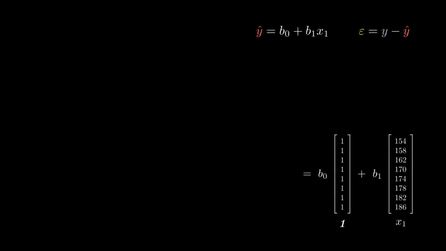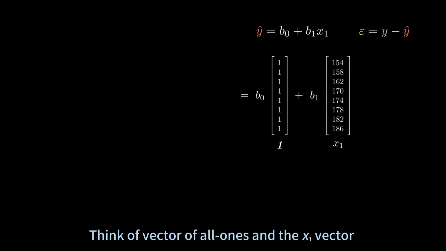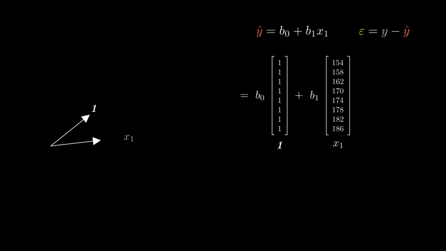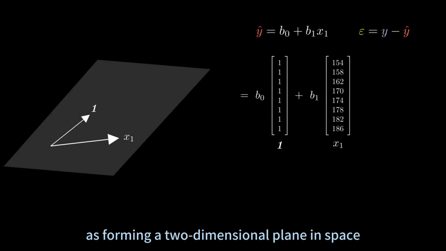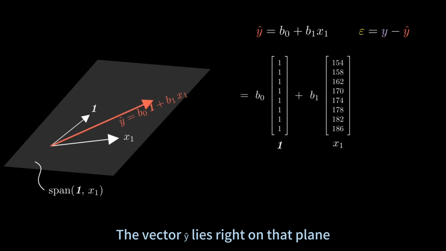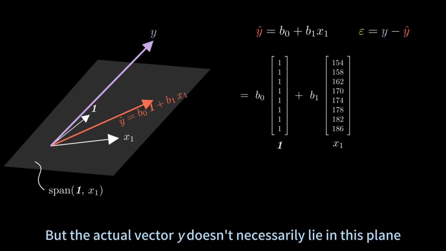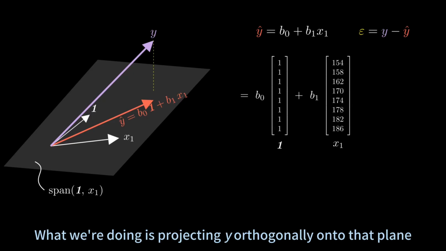What does that mean? Think of the vector of all 1's and x1 vector as forming a two-dimensional plane in the space. The vector y-hat lies right on that plane. But the actual vector y does not necessarily lie in this plane. What we're doing is projecting y orthogonally onto that plane.